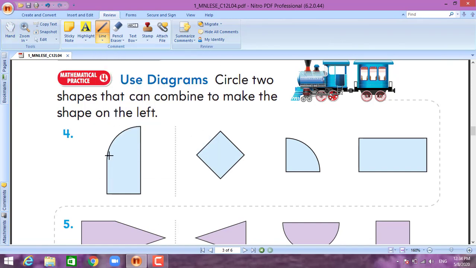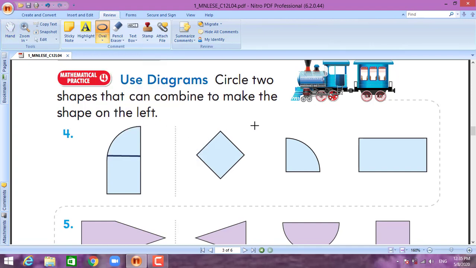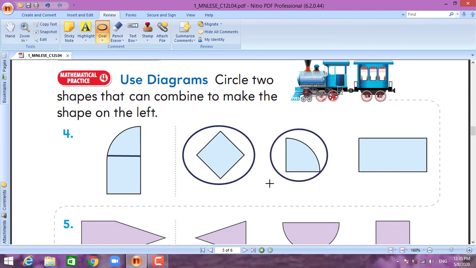I will cut it from here. So here I have a quarter and a square. So I will choose a square and a quarter.